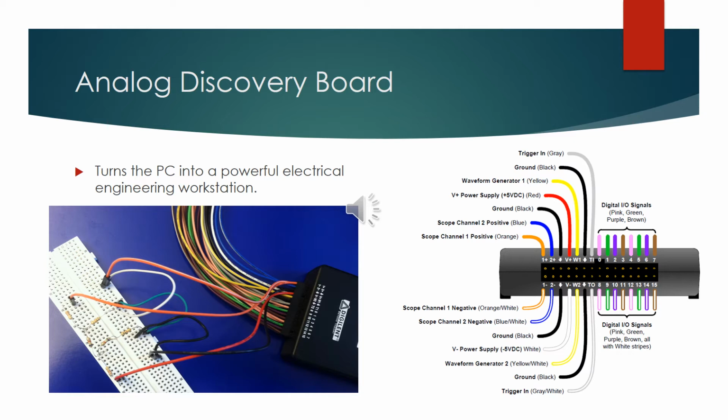It is so small that it can fit in your pocket, but so powerful that it can replace a stack of lab equipment. It is driven by free software called Waveforms, and it lets the student build and test analog and digital circuits anywhere, in any environment.